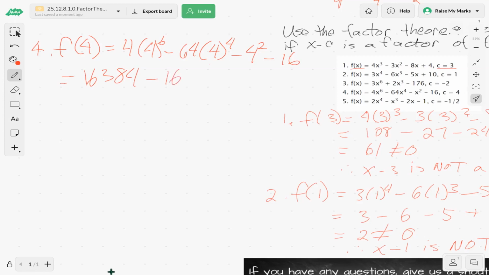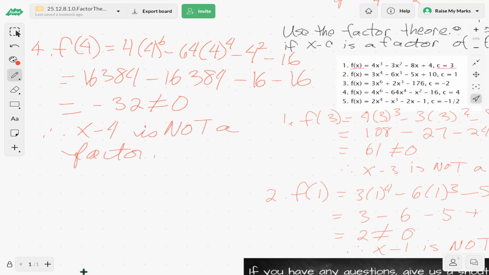And look at that, we get 16,384 minus 4 squared is 16 minus 16. So the 16,384 cancels out, which is nice. Then we're left with negative 16 minus 16, which is negative 32, and this does not equal 0, so therefore x minus 4 is not a factor.